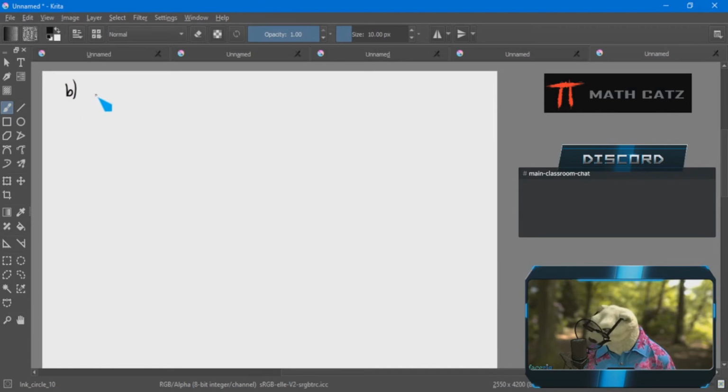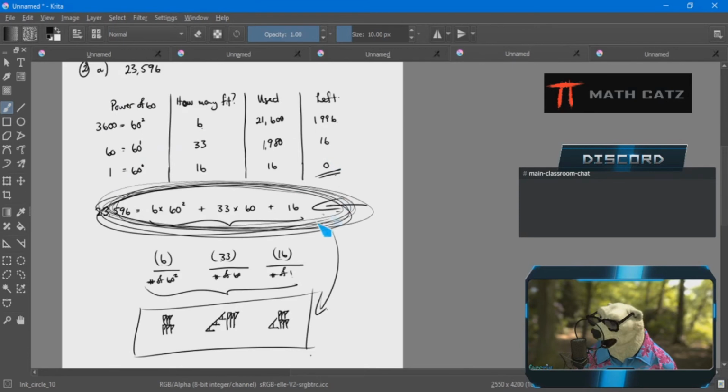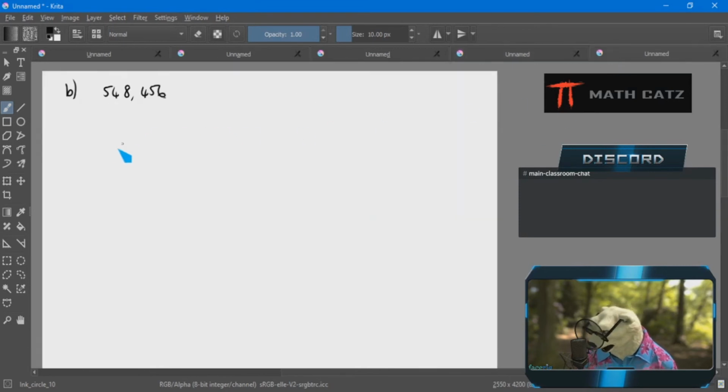B. I have my number. My number is 548,456. I have established how I am going to do it. This is my personal choice. That helps me feel good and confident, and I'm going to stick with it.